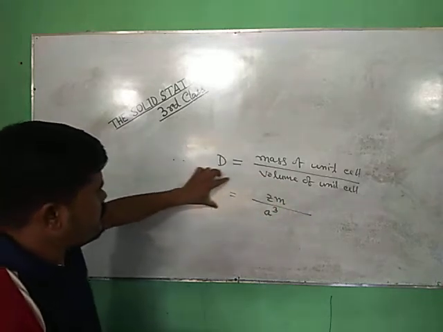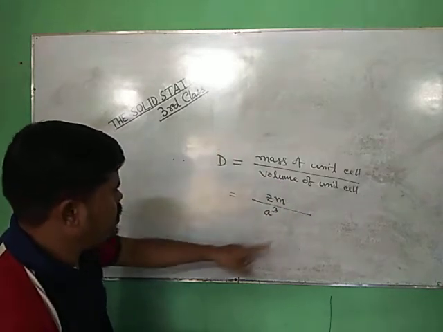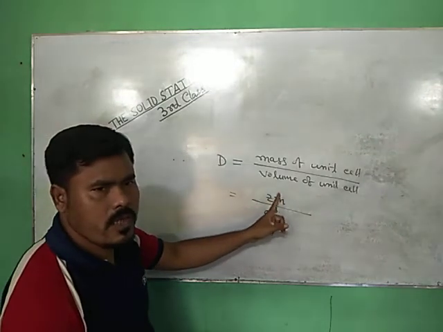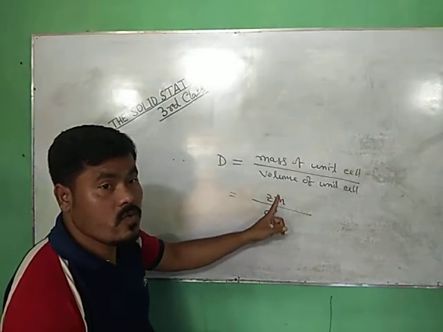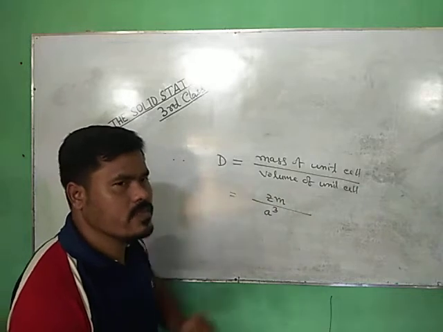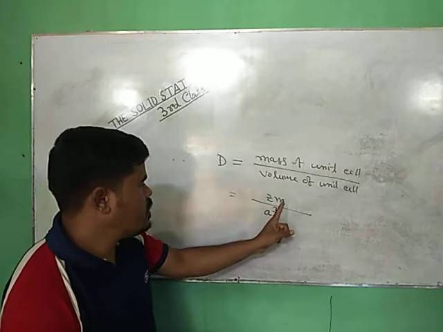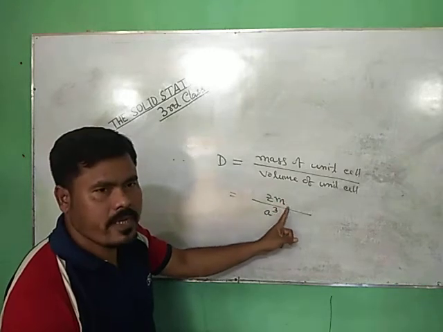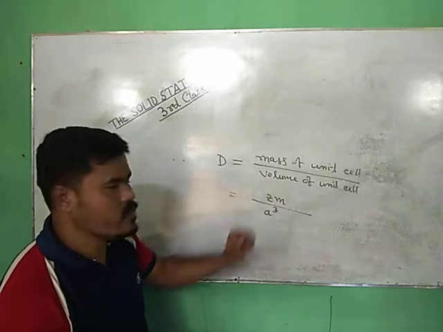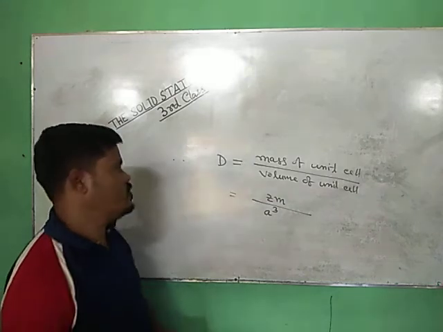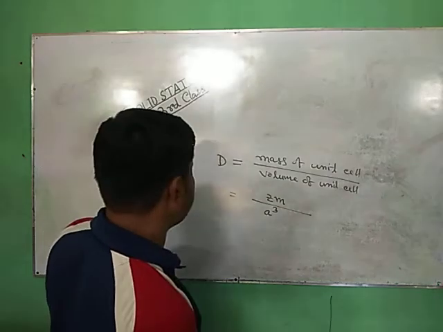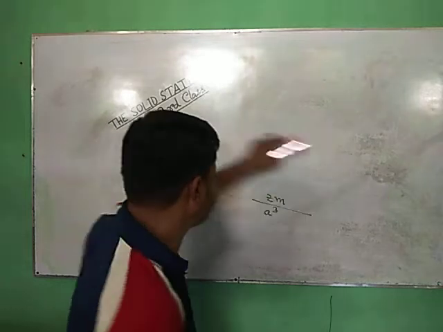To make this equation more effective, you have to use molar mass, which is known for almost all substances. If it is not known, we can calculate molar mass. So instead of the mass of one particle, I will put the molar mass here. What is molar mass?